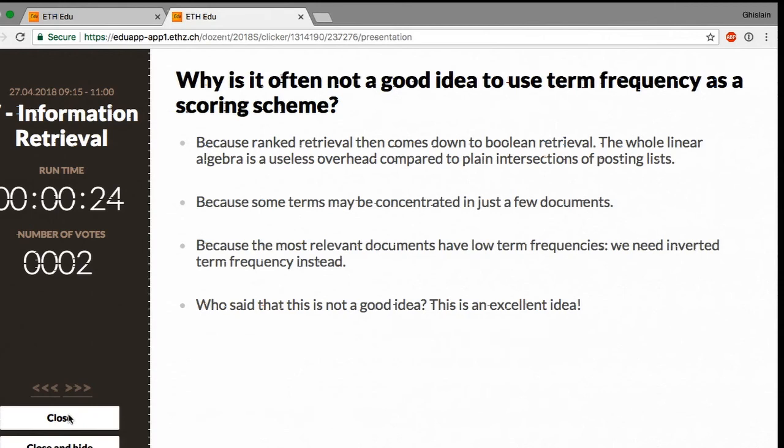Maybe the reason is some terms may be concentrated in just a few documents, which is problematic. Maybe it's a different reason. Maybe it's because the most relevant documents have low term frequencies and we did inverted term frequency instead, in order to rank higher the documents that have fewer occurrences of the term. Or maybe it's not true. Maybe it's a great idea. So three answers so far.